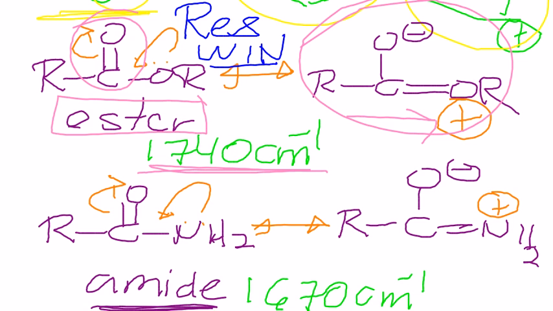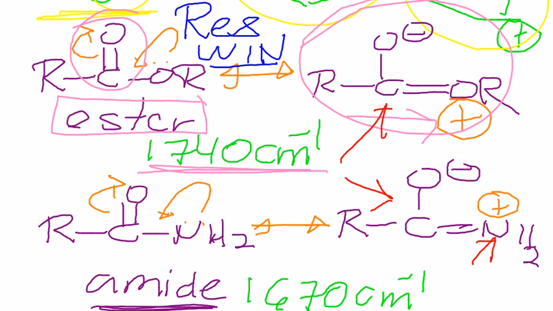But in the case of the amide, we have to take into consideration, I'll go with red on this, that a positive on nitrogen is not as bad as a positive on oxygen. So in this case, this resonance form is actually more significant in comparison to the other one.